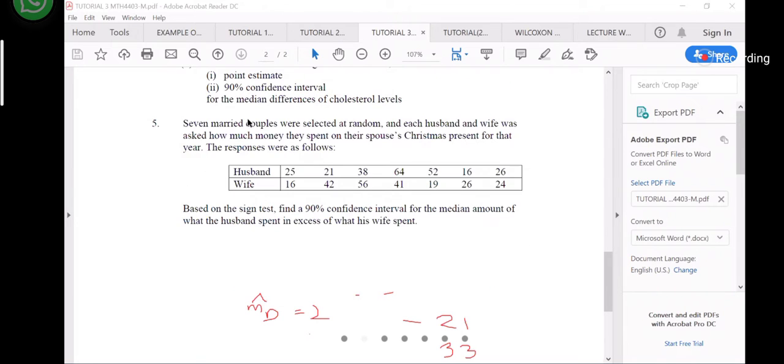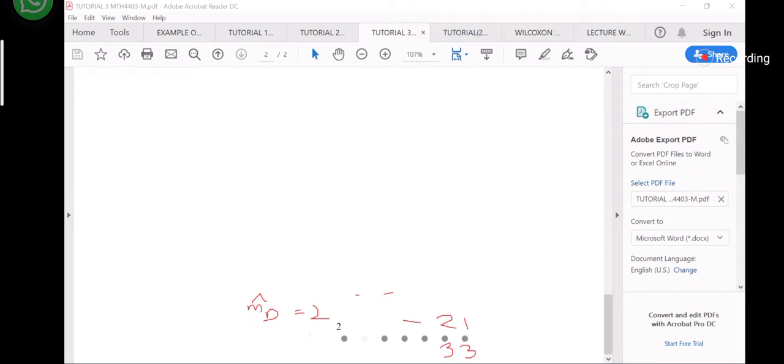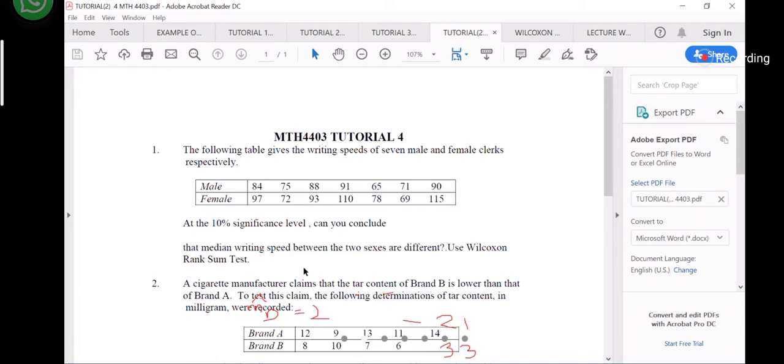We move on to the last question, the last tutorial. If you look at tutorial 4 number 1, for this question I specifically mentioned that you use the Wilcoxon rank sum test, meaning that here I want to compare two independent samples.